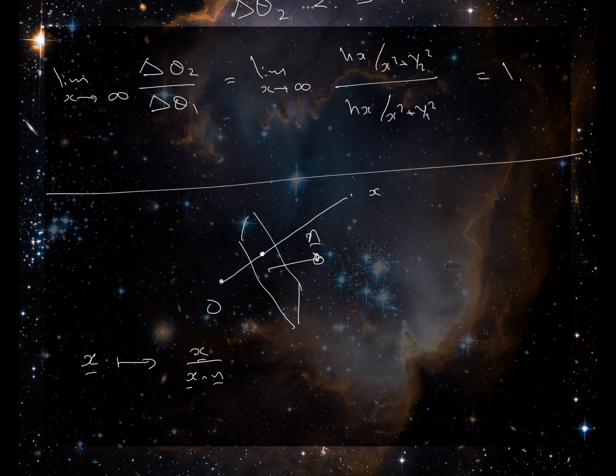So x goes to lambda x, and then we're going to require that n dot x primed is 1, if that's x primed. So that gives me lambda n dot x is 1. So therefore lambda is 1 over n dot x. And so that gives me this formula.